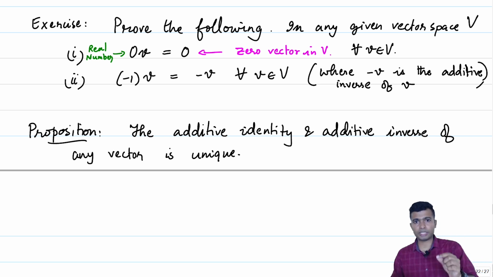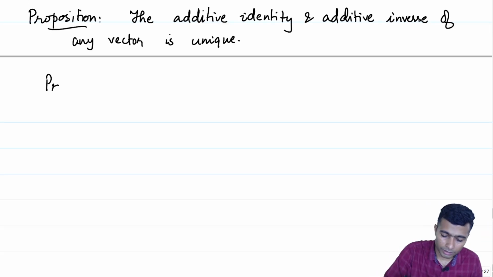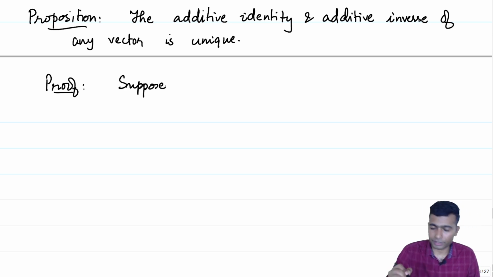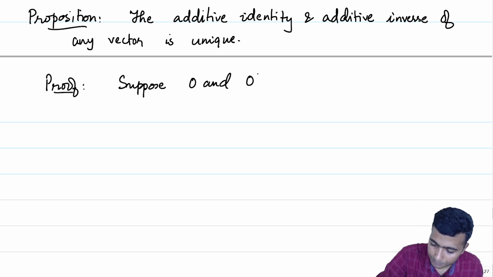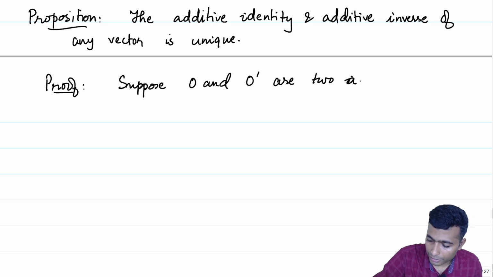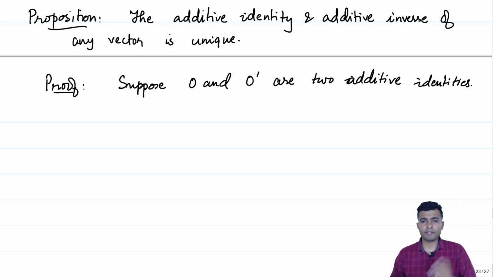So, first we will show that the additive identity is unique, and then we will show the next part. Okay. So, suppose there are two different, so suppose 0 and 0 prime are two identities, additive identities. What is the property of an additive identity? If you add any vector to that, it should give back the vector itself.